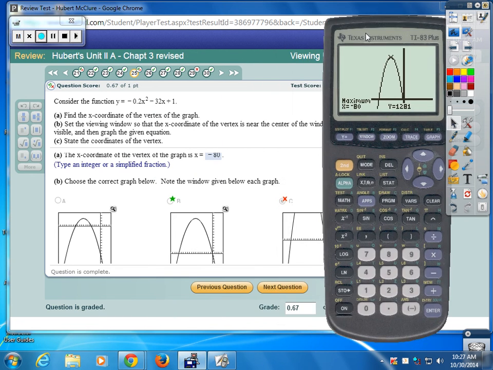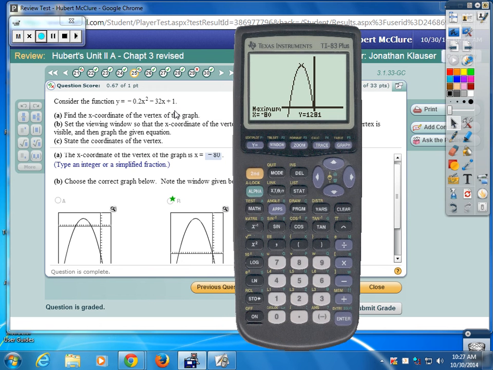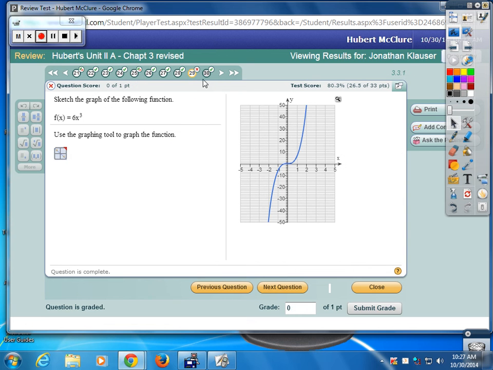I'm looking to see if there's any other questions it's going to ask. And then 29, sketch the graph of the following function. Well, I can't do it because it's already done. I can't do it.